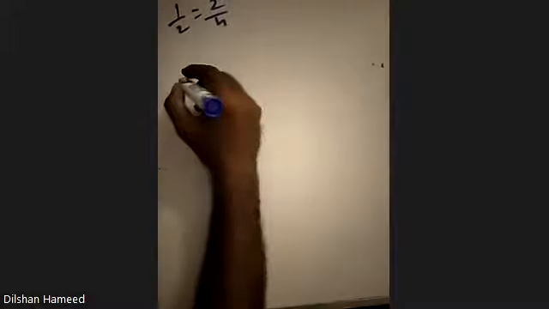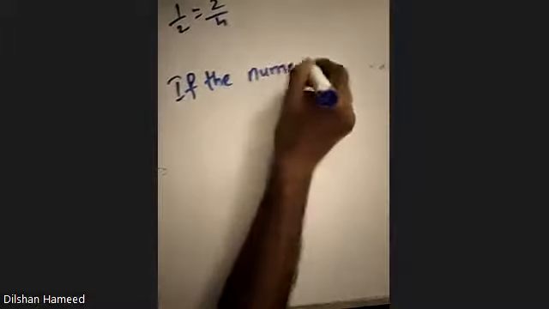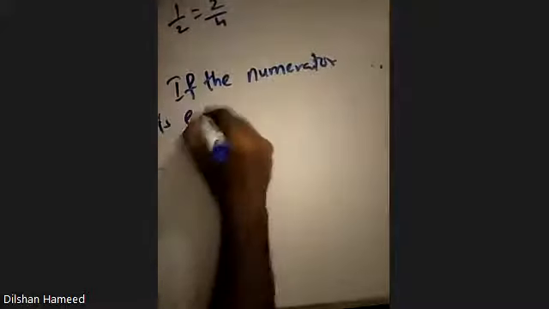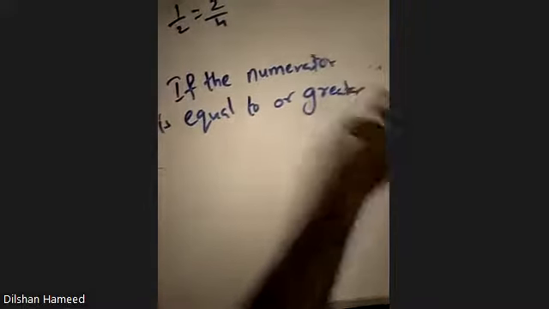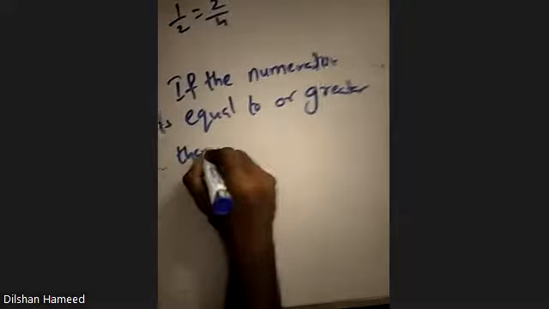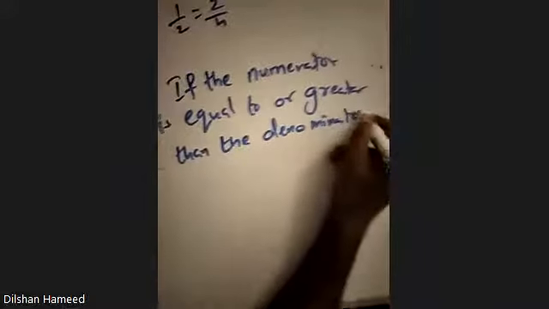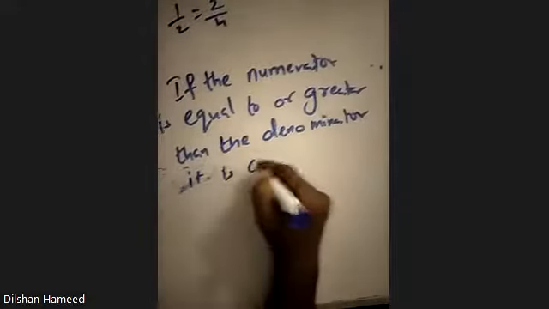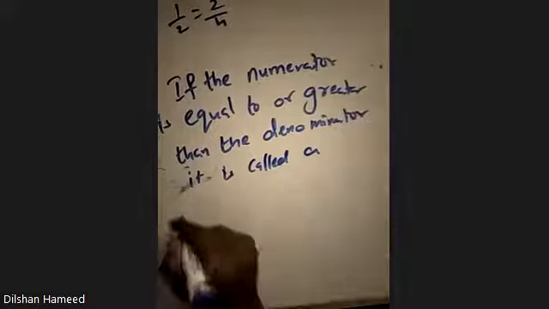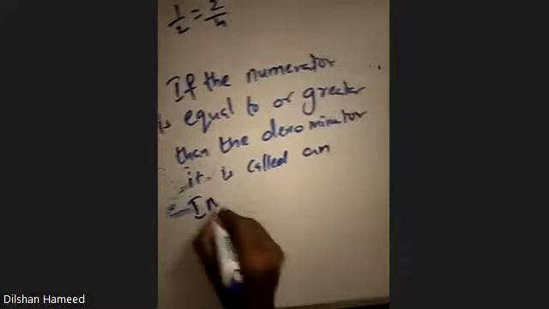So you can write down the note: any fraction, if the numerator is equal to or greater than the denominator, it is called an improper fraction.